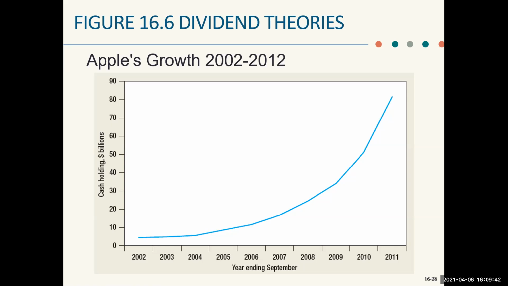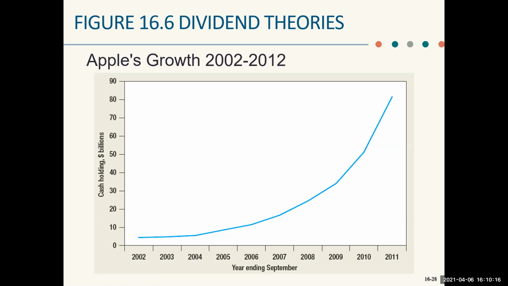This led Apple to commit to a dividend payment and buyback, which is a repurchase policy, because a company having so much cash and not having profitable opportunities will have to pay this to its shareholders. Otherwise, shareholders will be unhappy and will require the company to pay the dividends.